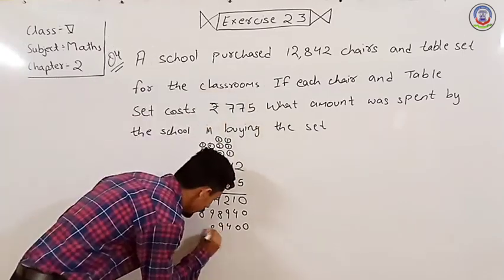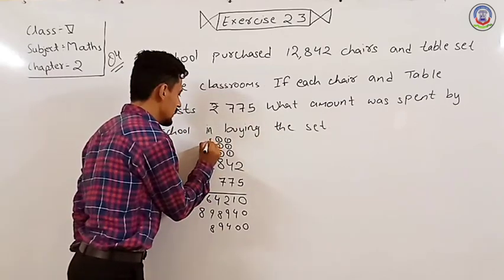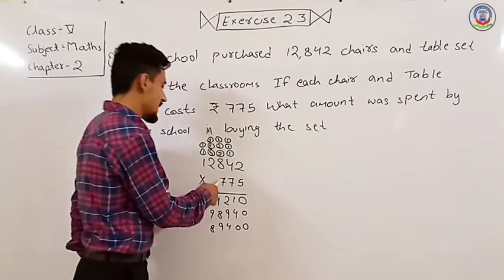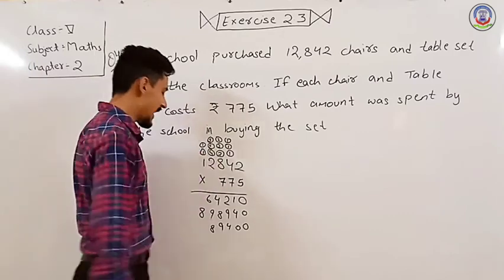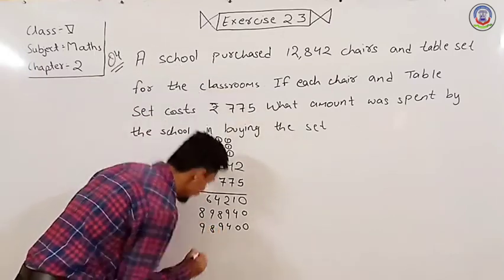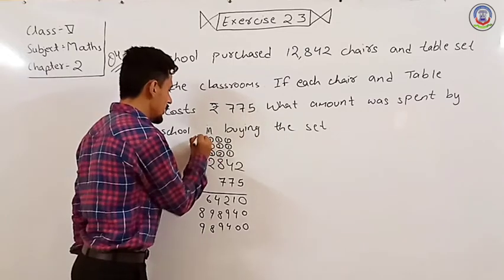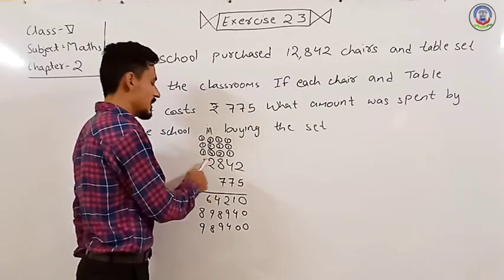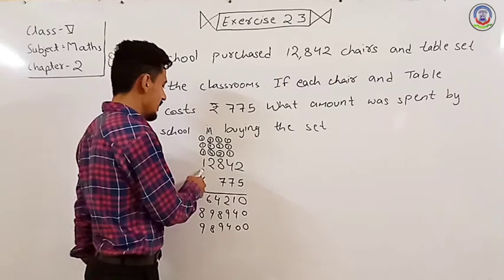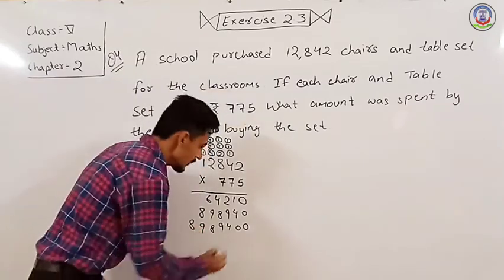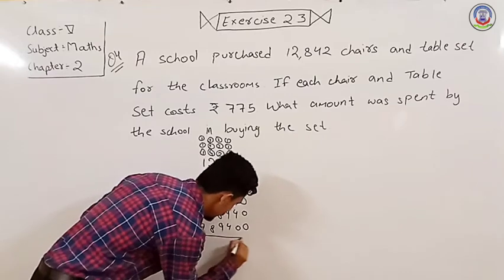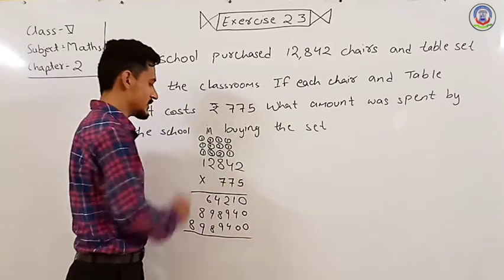So we write 8 here and 5 goes to carry. Next we have 7 multiply 2, it is 14. When we add 5 to it, it is 19. So we write 9 here and 1 goes to carry. Next we have 7 multiply 1. It is 7, and when we add 1 to it, it is 8. Now we multiply these 3 digits by this number.